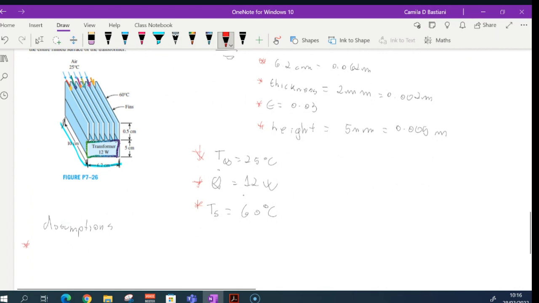If my fins are isothermal, what does it tell me about the efficiency of my fins? Does anyone remember?